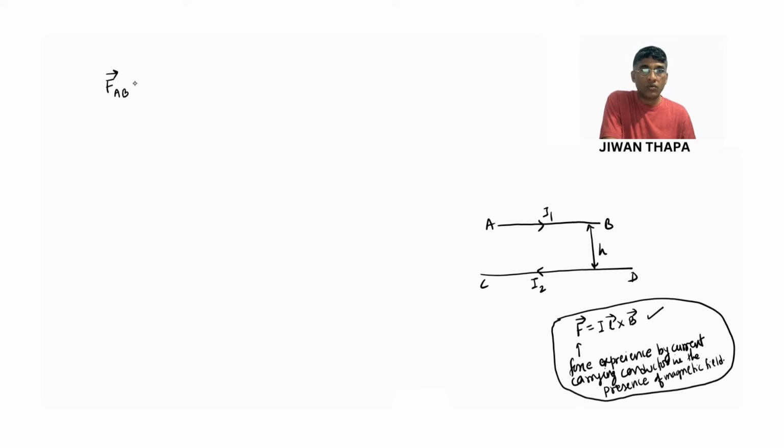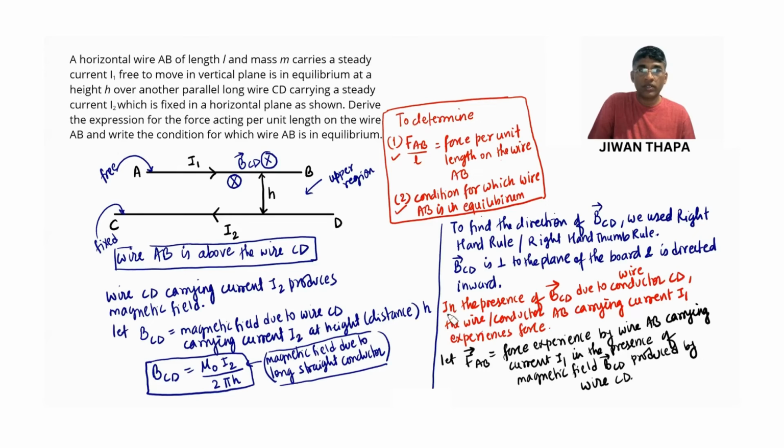So we have current I1 flowing in conductor or wire AB. So we can write in this way, I1 L, this is the current element, cross magnetic field. We know the magnetic field is BCD.